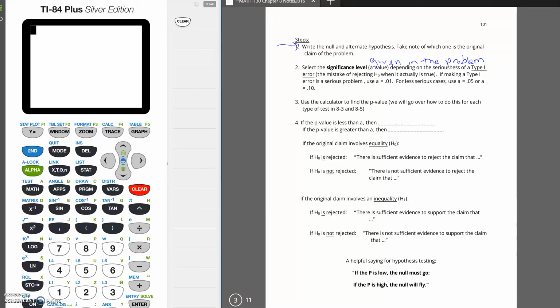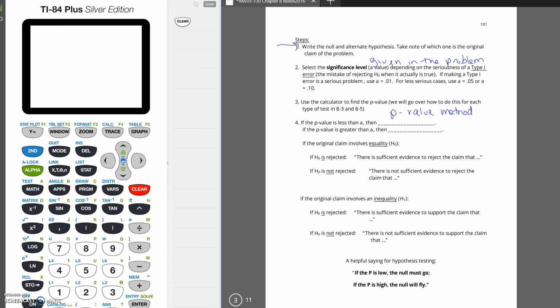Step 3, we're going to use what's called the p-value method. So your calculator is going to help you find your p-value. We're going to have a couple of different types of tests, and we'll talk about how to use your calculator to do all of those. So once you've used your calculator to find your p-value, step 4 is to compare that p-value to the alpha that was given in the problem.